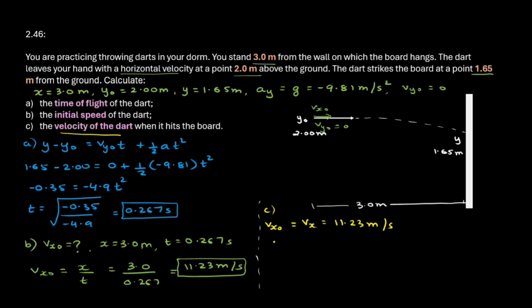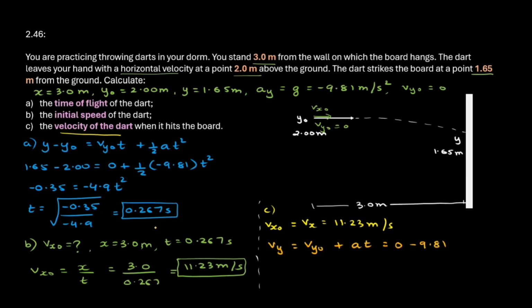Then we find the y component of the final velocity. The y component of velocity we can find by using an equation of motion. I will use the equation vy equals vy0 plus a times t. Let's substitute the values. Vy0 is 0, the initial y velocity is 0. a is negative 9.81.